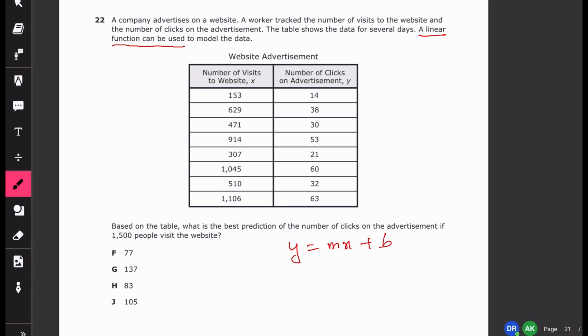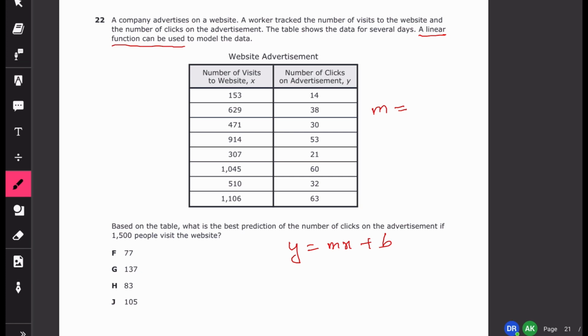So now, what is m? Taking any two values, we'll find out m. The values are not given in sequence, so we'll select any two data points and find out the slope first.